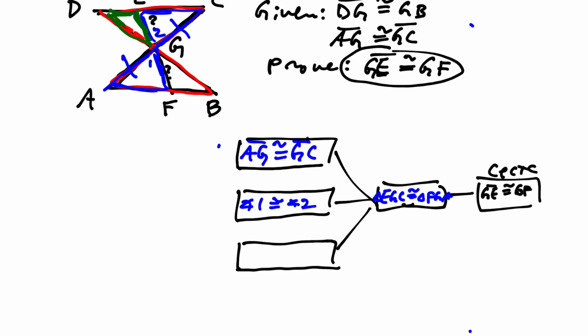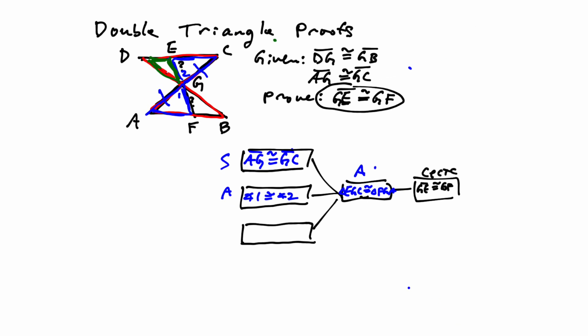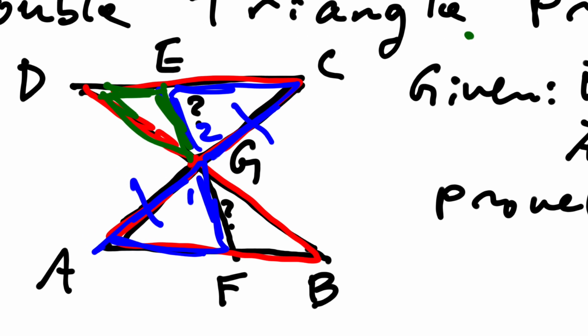I already have a side and an angle. Now, if I have an angle and a side, I'm one step away from ASA, and I'm one step away from SAS. Now, there's no way this is going to be an SAS proof, because the piece I would need would be EG and FG, and I don't know those.